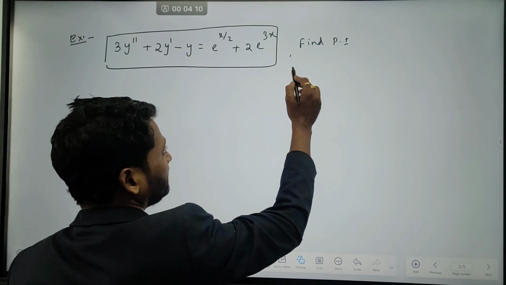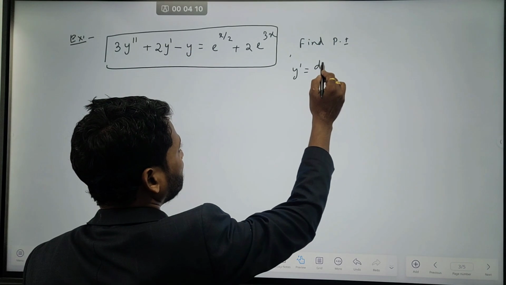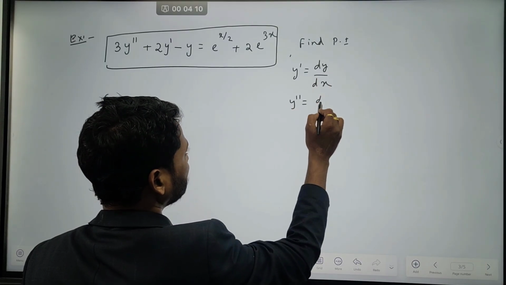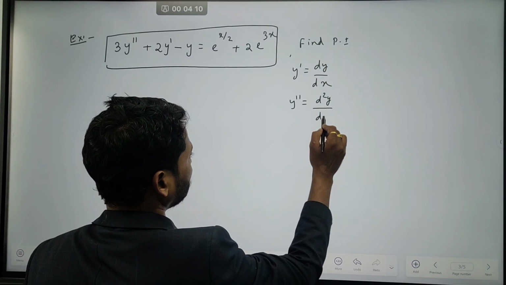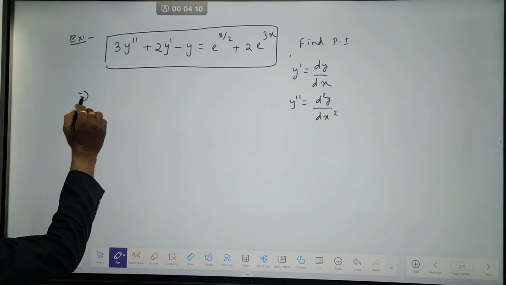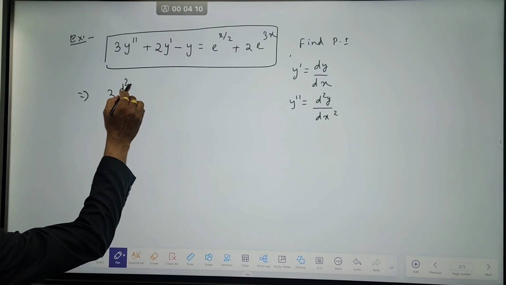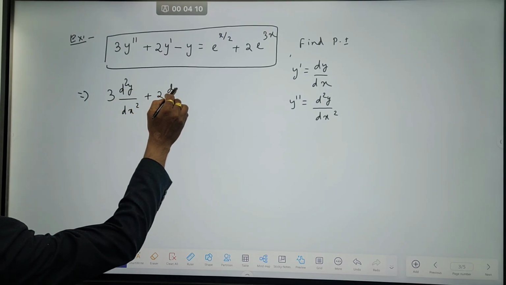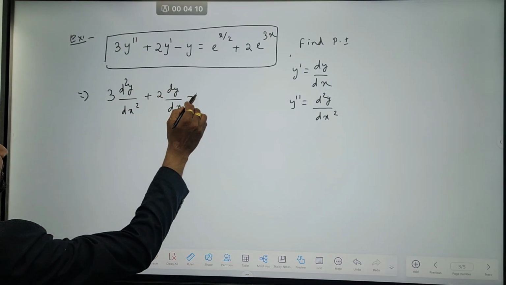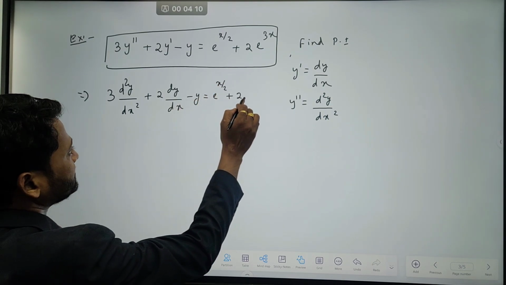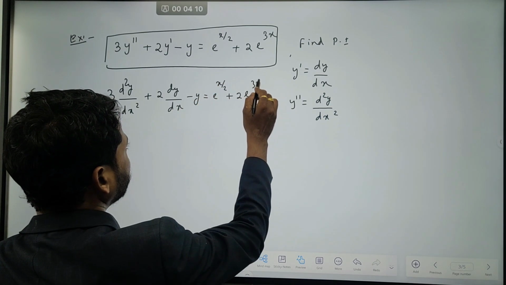So as I have told, y dash equals dy by dx, single differentiation, and y double dash means double differentiation of y with respect to x, that is d square y by dx square. So we can write this as 3 into d square y by dx square plus 2 into dy by dx minus y equal to e to the power x by 2 plus 2 into e to the power 3x.